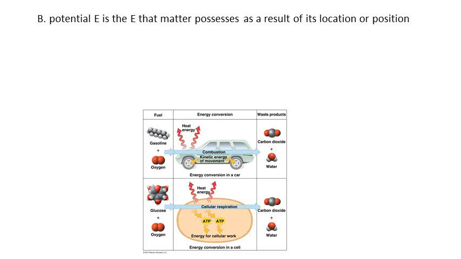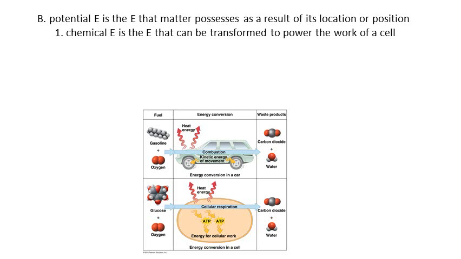One form of potential energy is chemical energy, and this is one that we'll be dealing with quite a bit. Chemical energy is that energy that can be used to get work done in a cell. And it's probably the most important type of energy for living cells, living organisms.